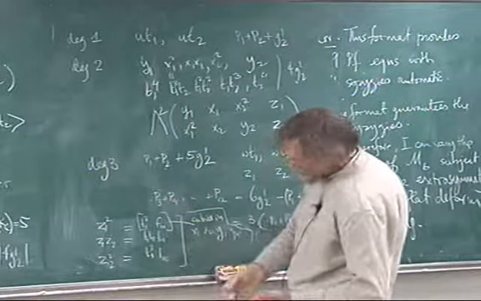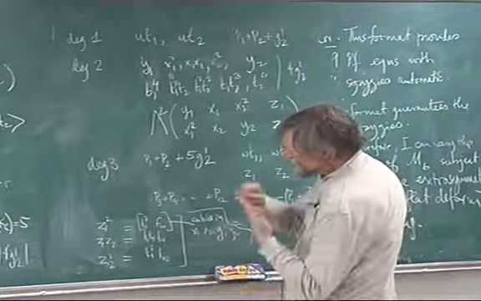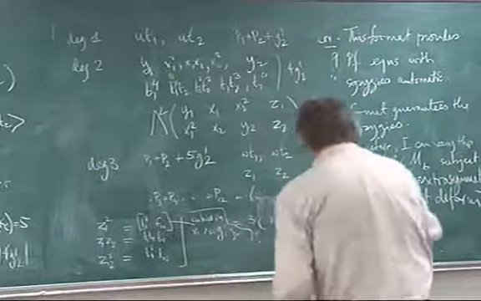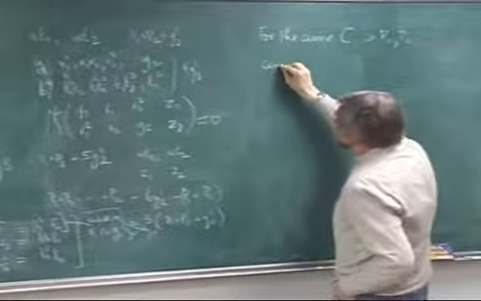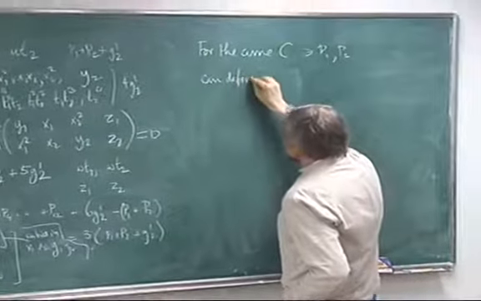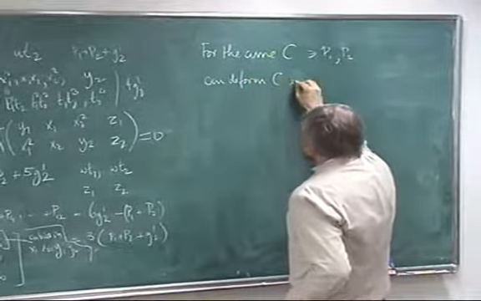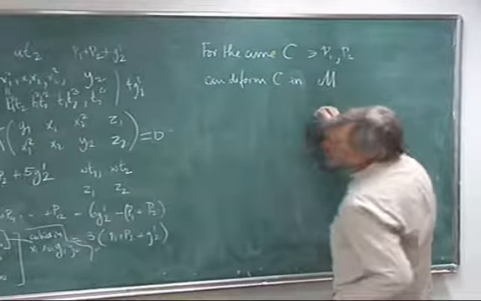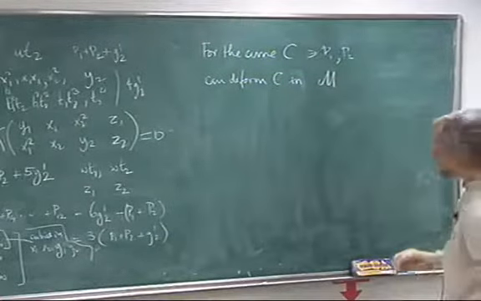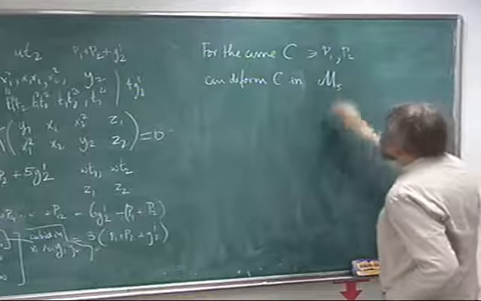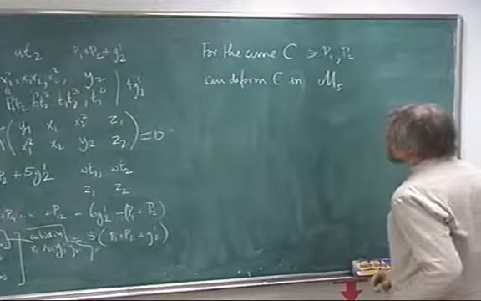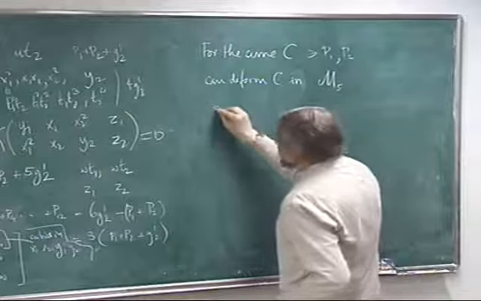We know one way of rendering them, and then we can put them into deformation calculations. You can deform C in moduli space M, we're in genus 5.